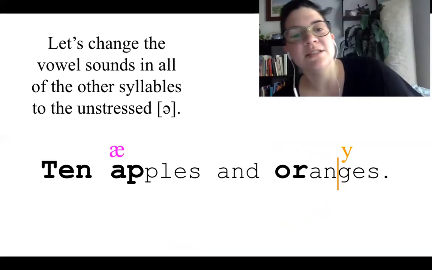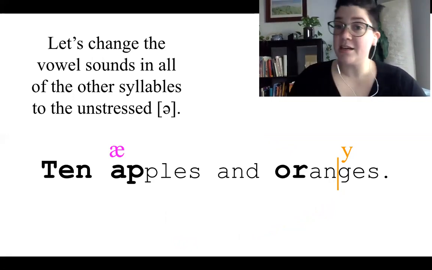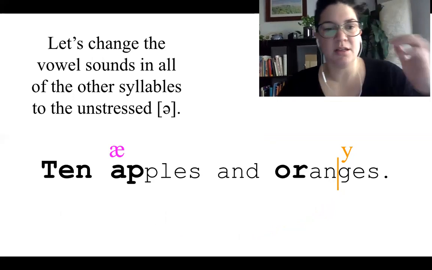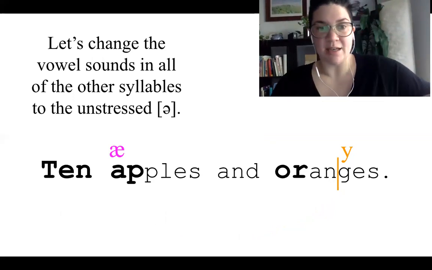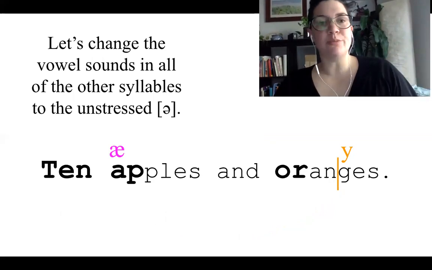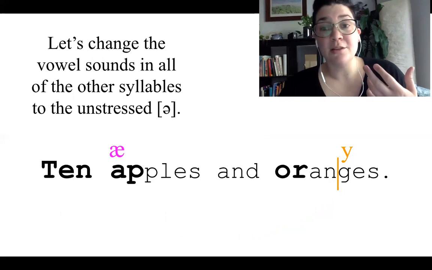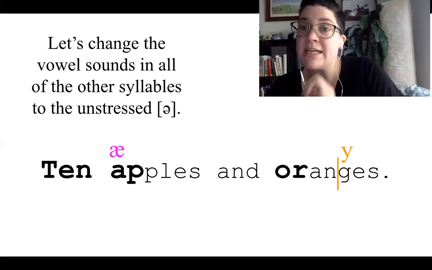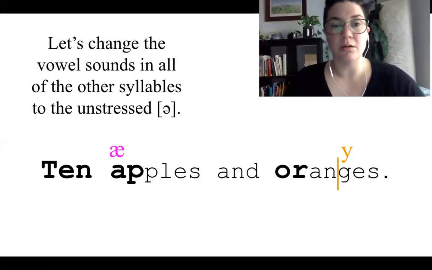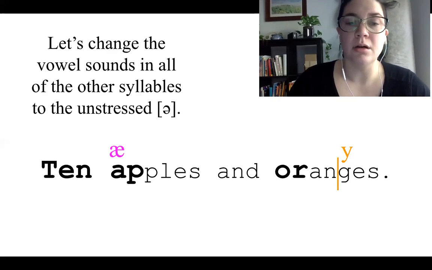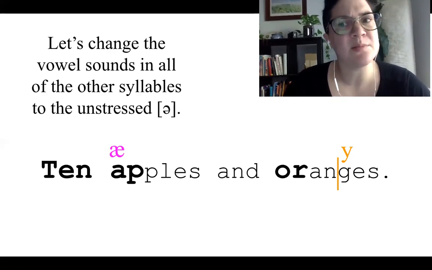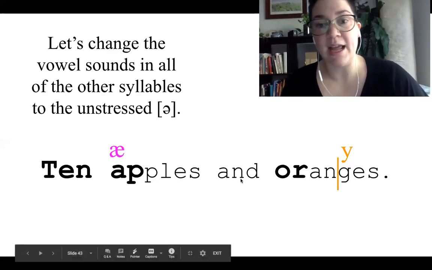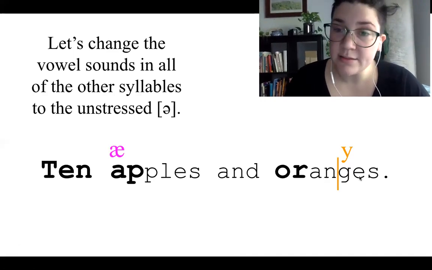Okay, so let's change all the vowels in the unstressed syllables to the unstressed e. Tenemos nuestras sílabas fuertes: 10, app, R. Vamos a cambiar los otros sonidos vocales en las otras sílabas al sonido inacentuado e. ¿Cuántas otras sílabas tenemos? Bueno, tenemos la segunda parte de apples, tenemos la palabra and, tenemos n y tenemos jizz.